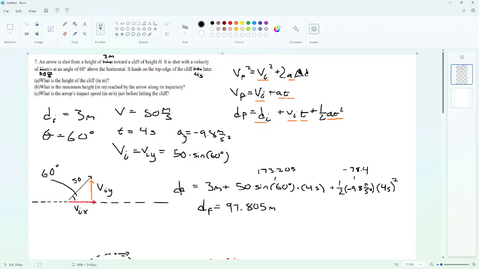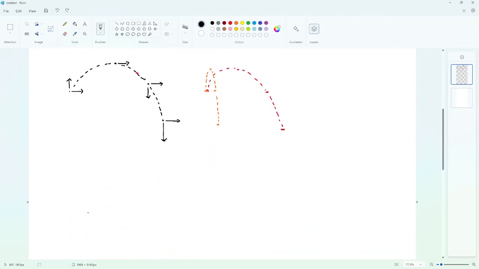Part B asks, what is the maximum height reached by the arrow along its trajectory? Okay, so I'm going to go back to the analogy I gave before. If you throw a ball upwards, once it reaches the top, its final velocity will be equal to 0.